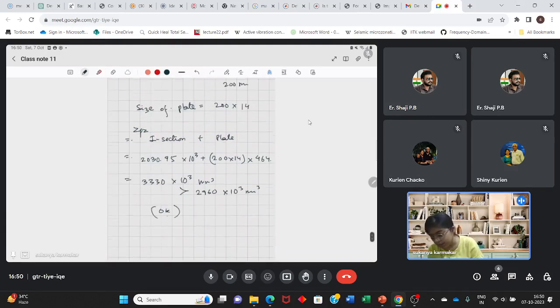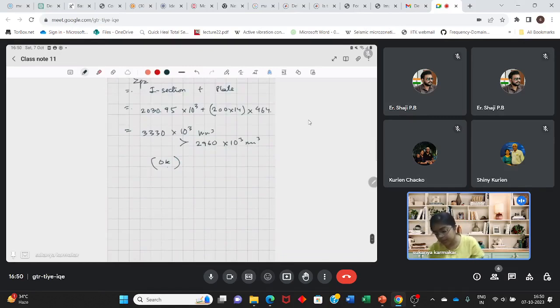Then you need to check for deflection. Okay, let's first do the moment check, shear check, and then we check deflection. So for the moment check, it will be Zpz into fy by gamma.